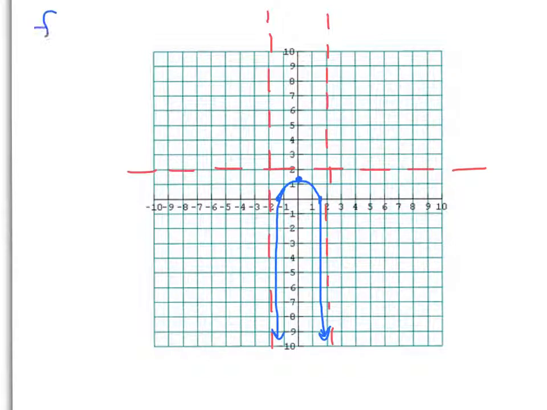So let me just write our function up here. Oops, that's not supposed to be a negative. I was trying to write my equal sign there. It was 2x squared minus 5 over x squared minus 4. So what I'm just going to do is I need to see what's happening to the right of the x equals 2 vertical asymptote and to the left of x equals negative 2.